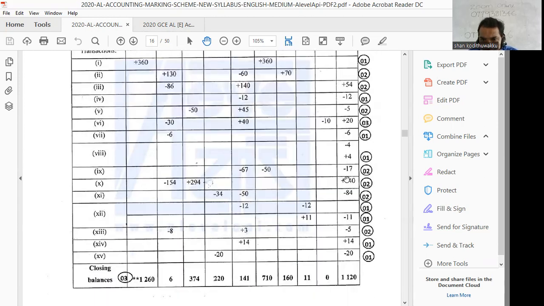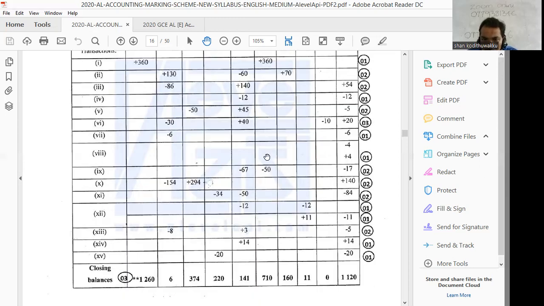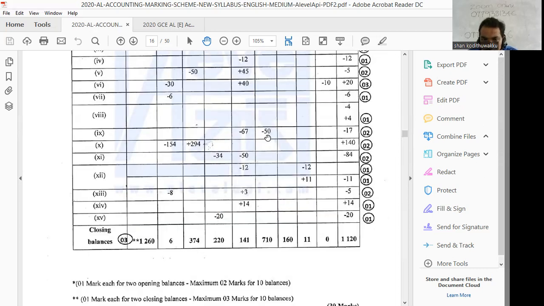The difference between these two will be used to reduce the loan capital, that means the original value of the loan. The interest doesn't affect to reduce the original value of the loan. Therefore, the difference between 67 and 17 will be 50. Then that amount will be deducted from the original loan, 400. So therefore, under loan, there will be minus 50.